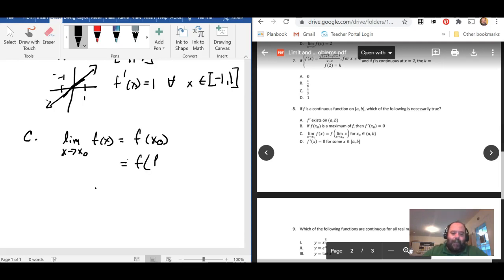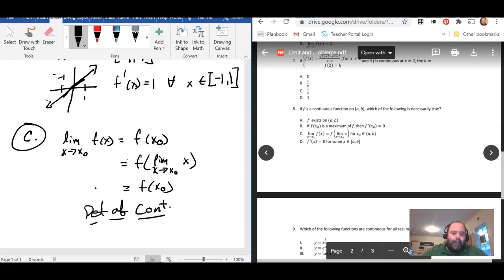What is the limit as x approaches x null of x? If the function x is going to be continuous, we just showed that up here, right? So this is the same as f of x null. So this actually has to be true by the definition of continuity, which we just saw a little bit ago in the notes. So C is our answer. So there we go. Problem 8, the answer is C.